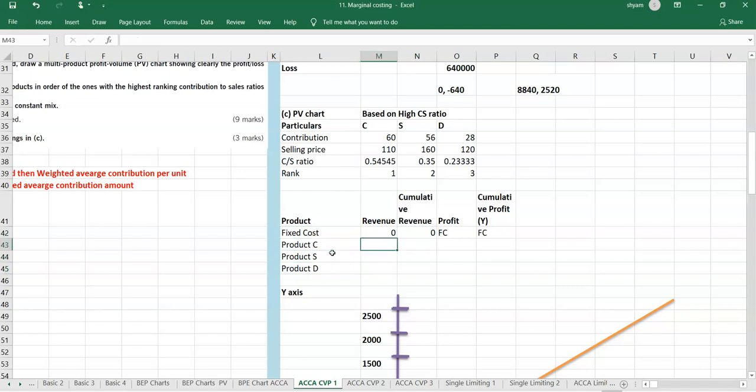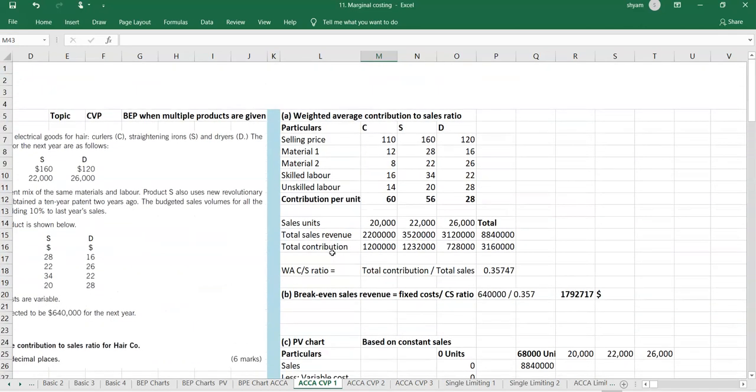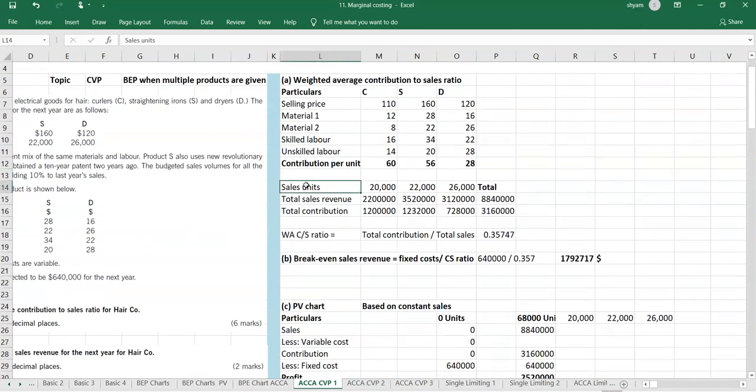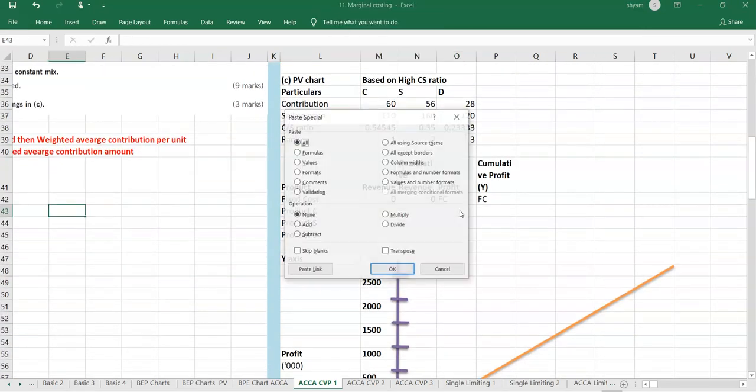When we sell, we'll first put what is the revenue, and then what is the contribution for that product. The revenue for the product, I think we have to copy it from the earlier numbers. We'll just paste it here.